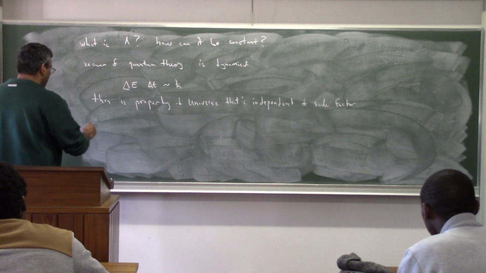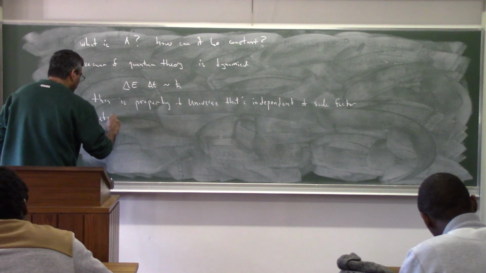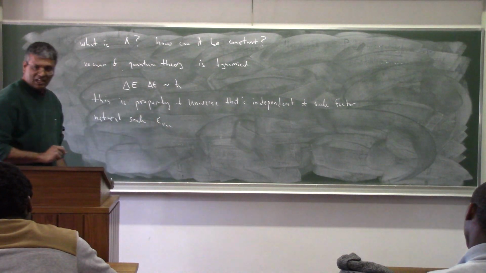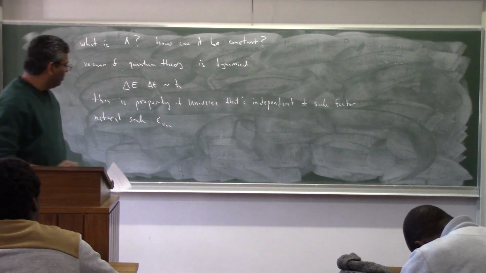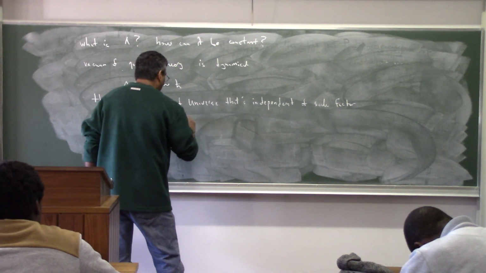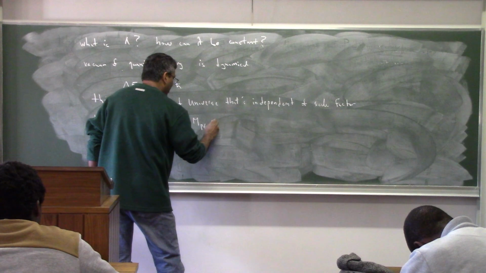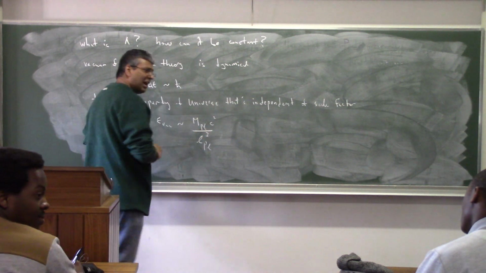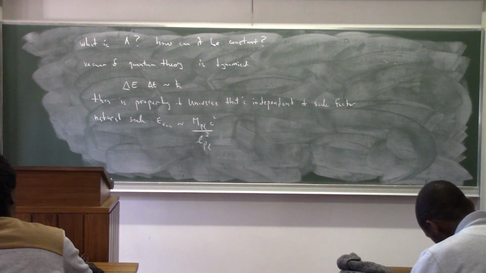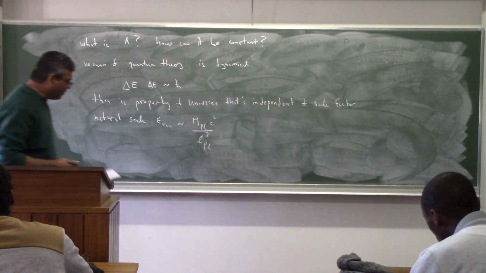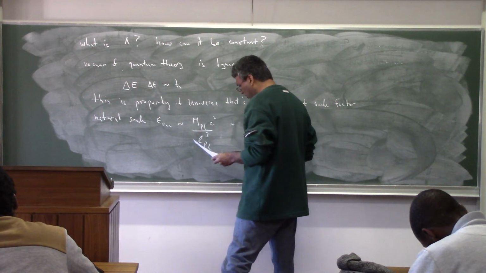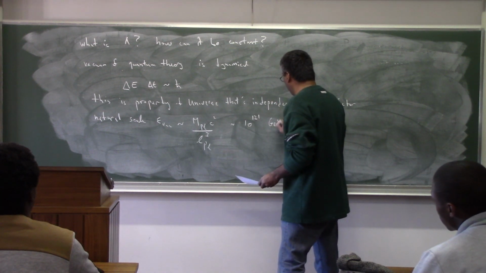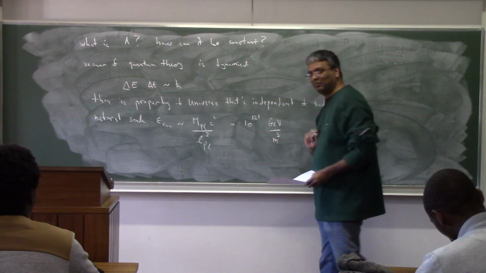So the natural scale for the vacuum energy density, E vac, is the Planck energy, m Planck c squared, divided by the Planck length cubed, divided by volume. And this works out to be, in the appropriate units, 10 to the 121 GeV per meter cubed.